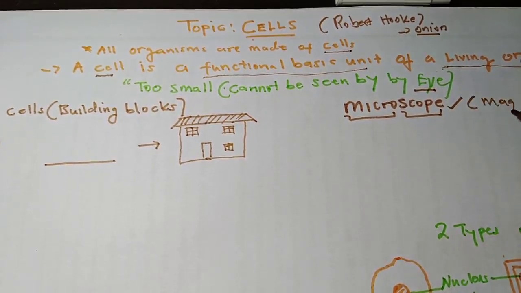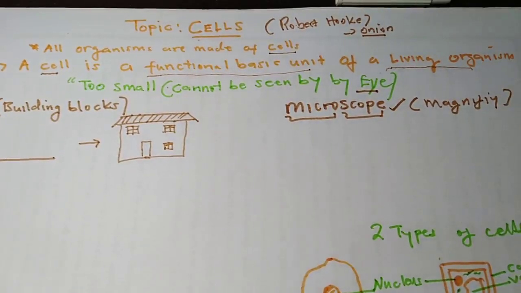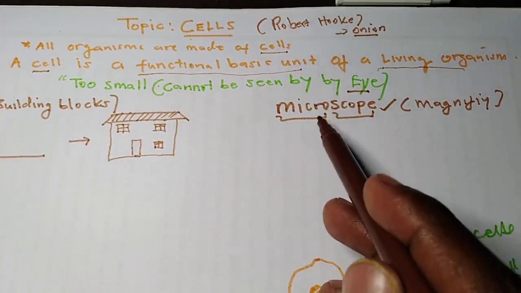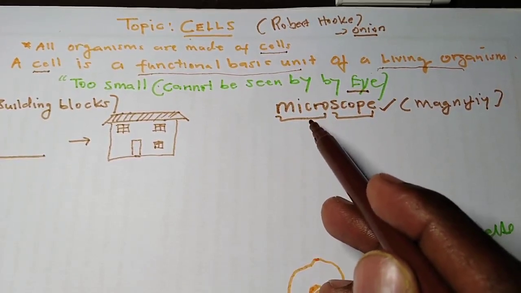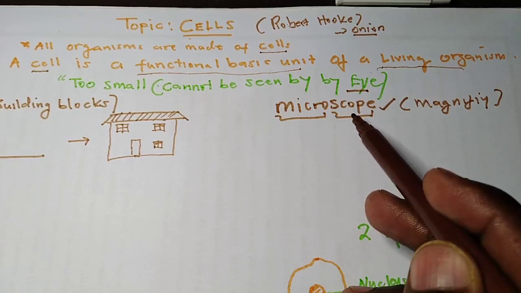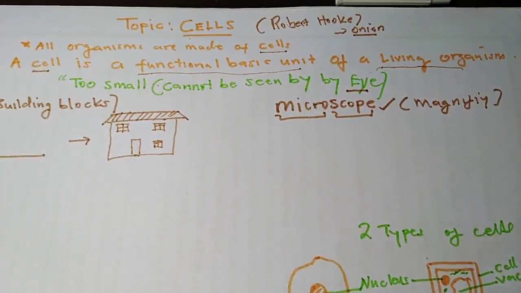It can magnify tiny things so they are visible to our naked eye. Micro simply means something that you're unable to see with your naked eye. So we use this instrument called a microscope. It will magnify it so that you can see.